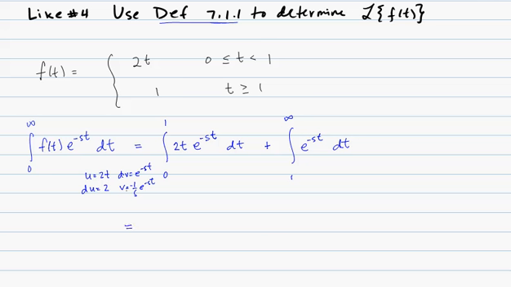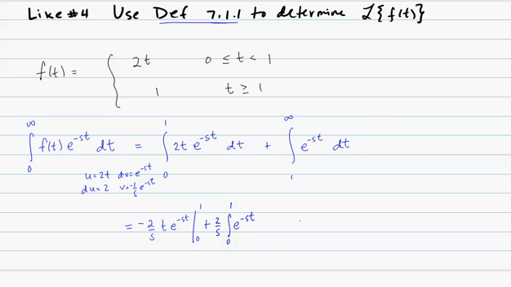Then I have uv, which is minus 2 over s t e to the minus st, and that's evaluated from 0 to 1, minus, which will become a plus here, so I have plus 2 over s, the integral of e to the minus st, again from 0 to 1, and that's doing v du over here.